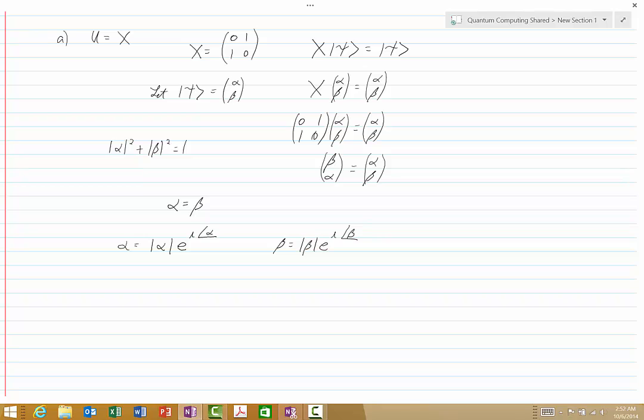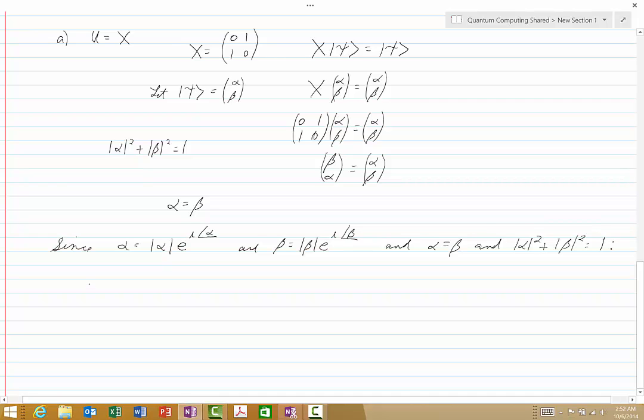And so now the requirement that alpha is equal to beta. Since alpha is equal to magnitude of alpha times e to the i phase of alpha, and beta is equal to magnitude of beta times e to the i phase of beta, and alpha equals beta, and magnitude of alpha squared plus magnitude of beta squared equals 1, then what can we say?